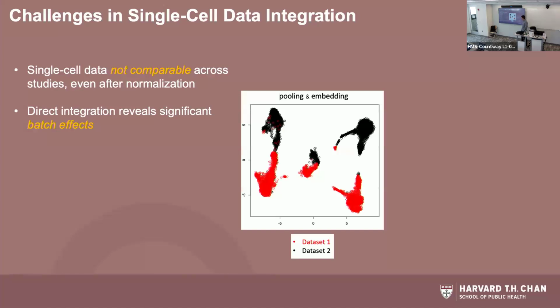Again, we can see the between data set differences are of almost the same magnitude as the within data variations. So if we simply merge the two data sets together, we won't have enough power to identify any within data variations.